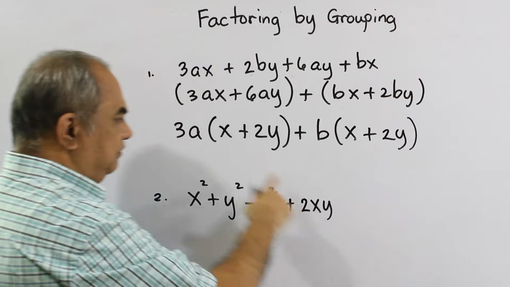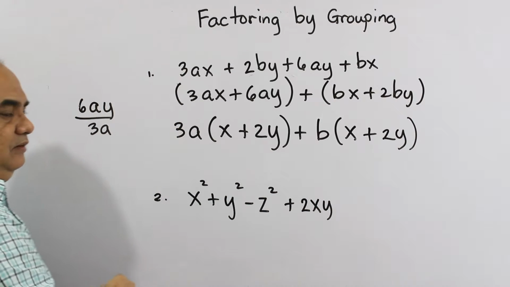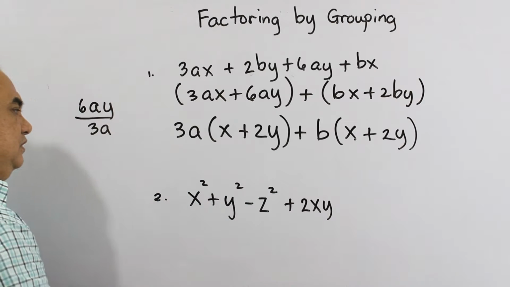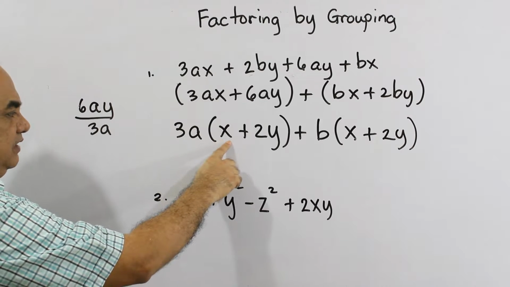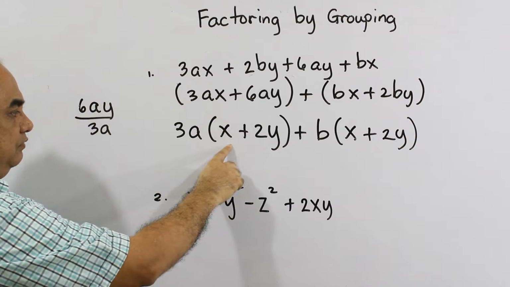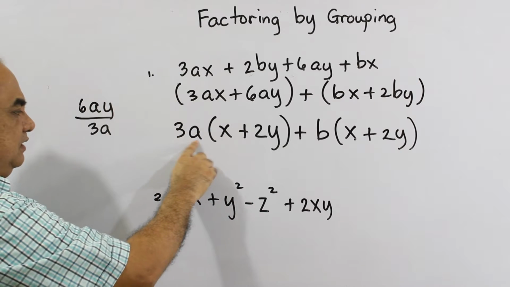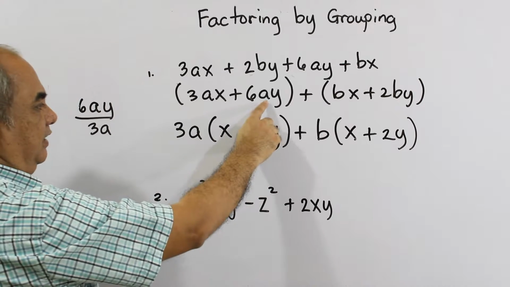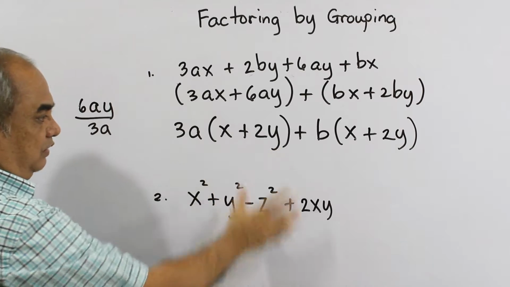Now let's check if this factoring is correct. To check that, once again, we have to use the distributive property. When we multiply 3a by x, we have a product of 3ax, and this is 3ax. Now we multiply 3a by 2y, we're going to have 6ay, and this is your 6ay, meaning to say this term is correctly factored.